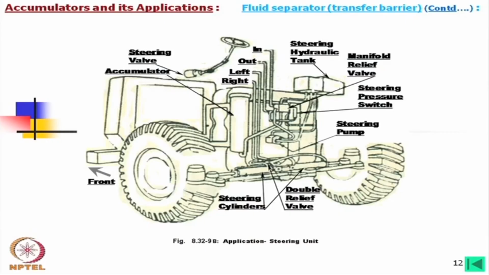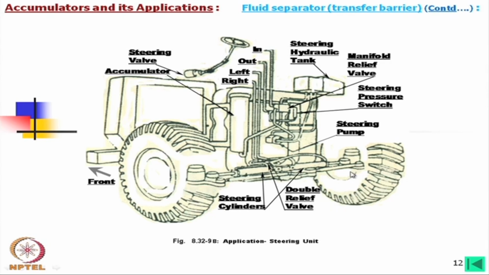Sometimes we are trying to negotiate these wheels, but we have to turn this wheel more and more to get the required action at these wheels. Now, in that case if the accumulator is there, that will help further to move these wheels.